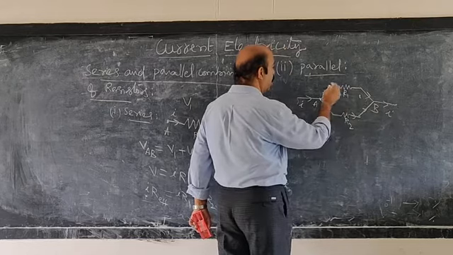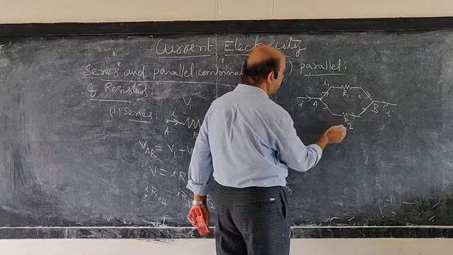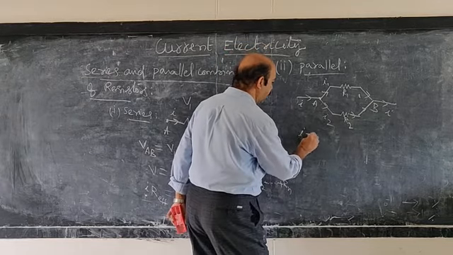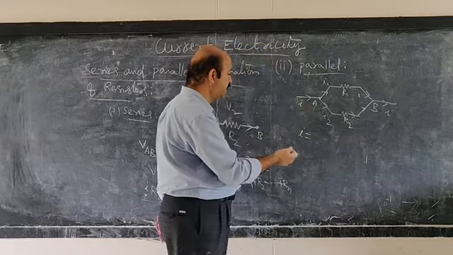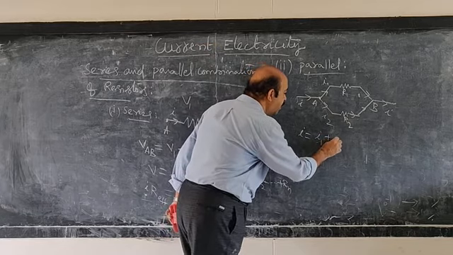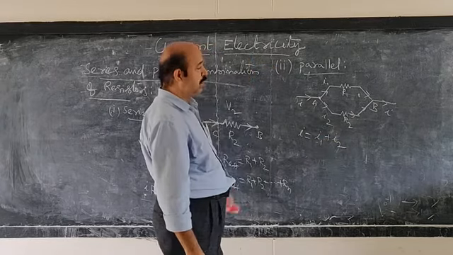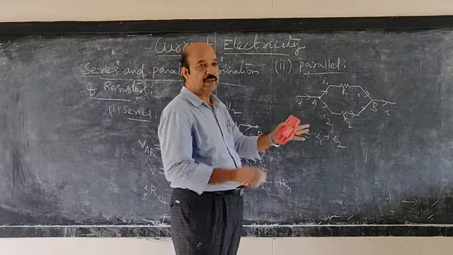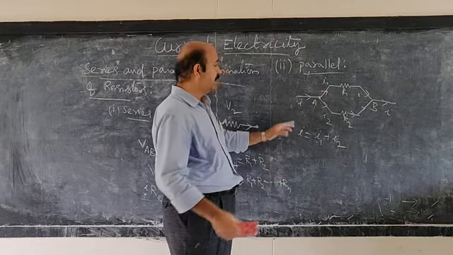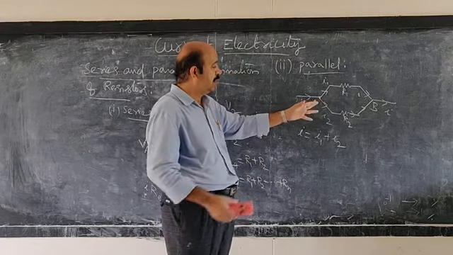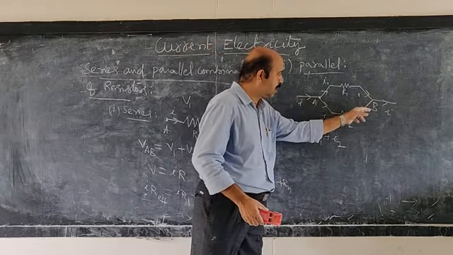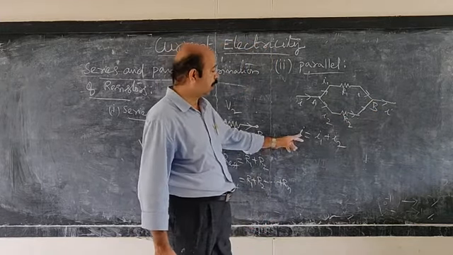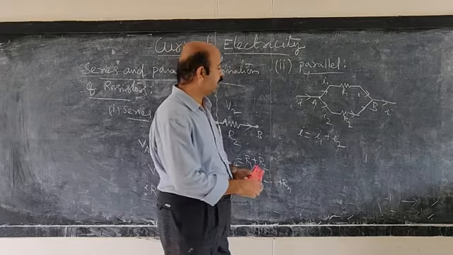Let us suppose through R1 the current is I1, through R2 the current is I2. At any junction the total current is the sum of the currents. Since charges cannot reside anywhere here, they don't get stored up there. Therefore, whatever current goes towards this junction equals the current coming out at this junction. So the total current I is given by I1 plus I2.